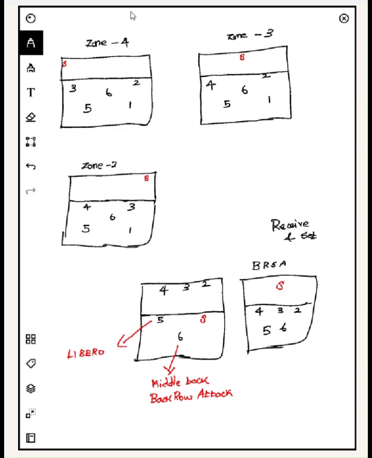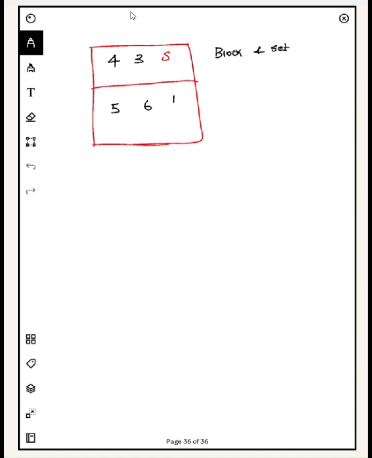Say you are a person who can hit outside. So by rotation you are here, but you are hitting optimally from this zone.